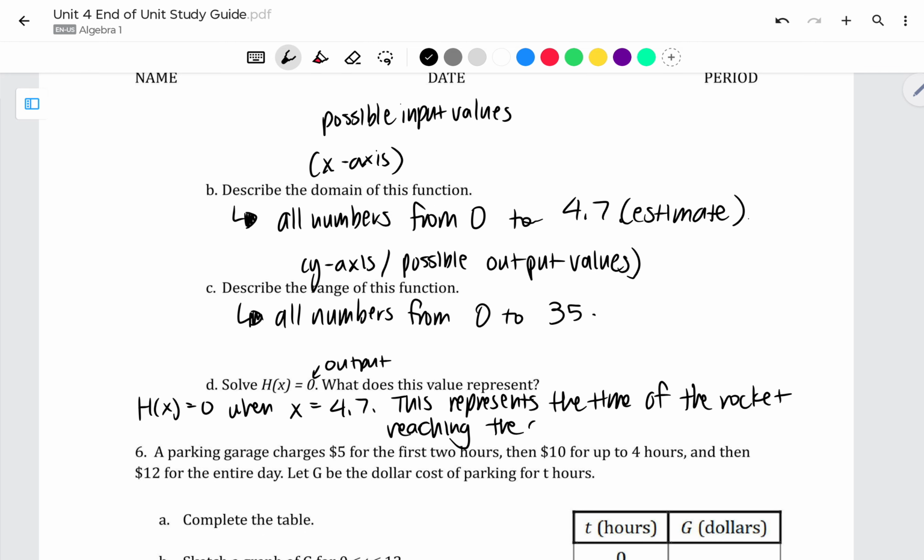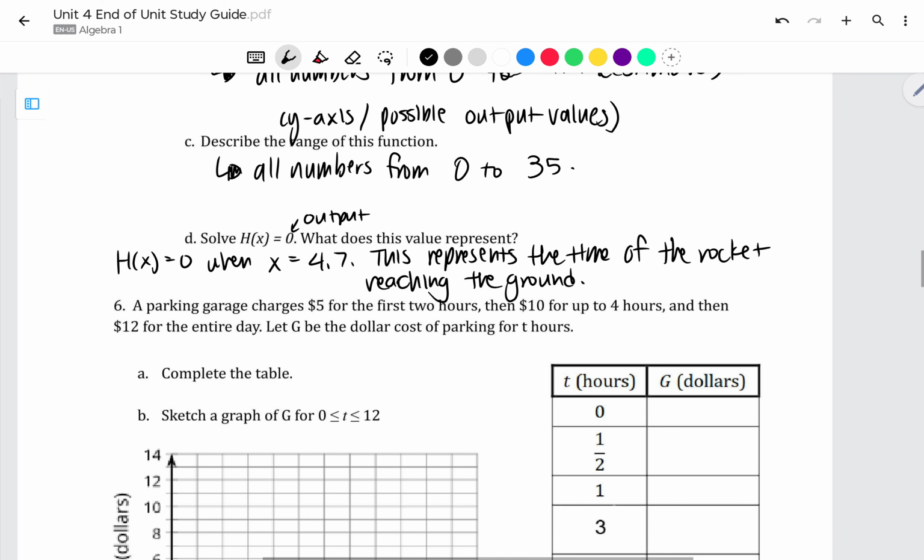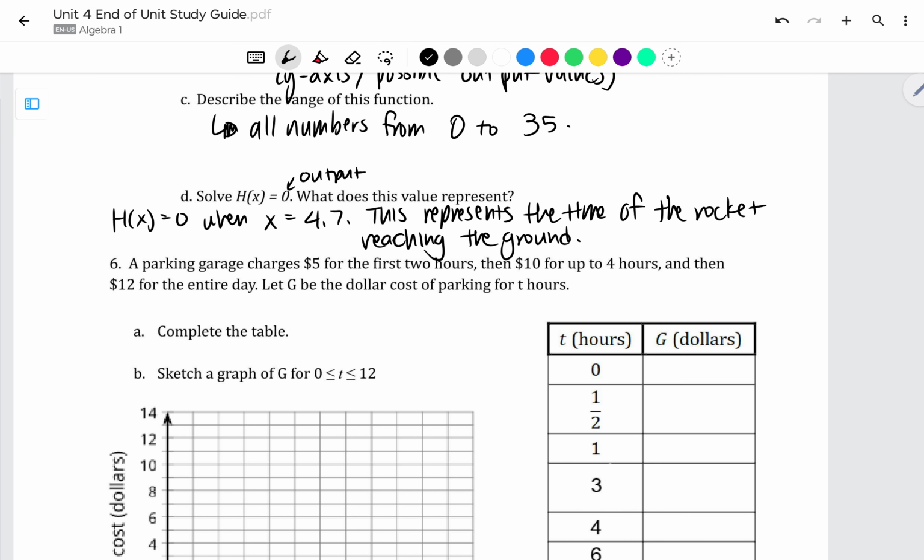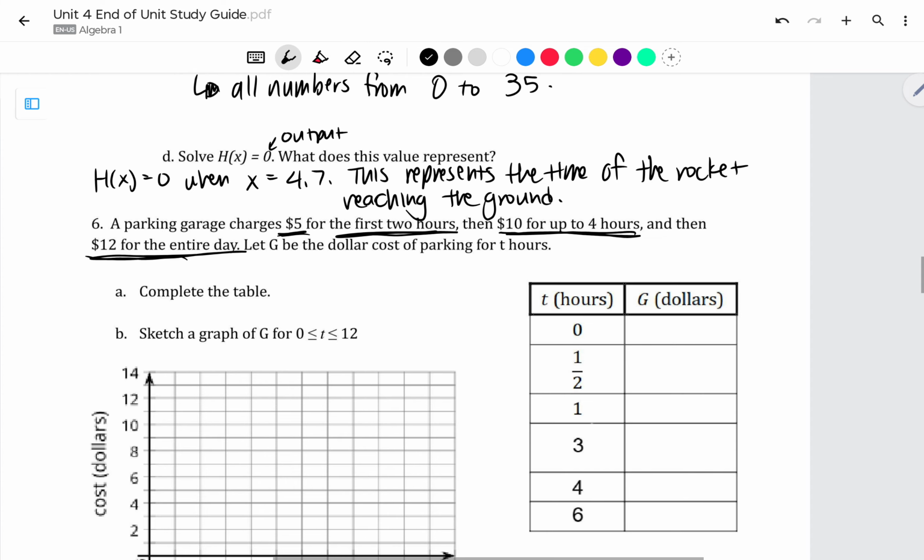A parking garage charges $5 for the first 2 hours, then $10 for up to 4 hours, and then $12 the entire day. Let G be the cost of parking for T hours. Complete the table. At 0 hours, if you didn't park at all, that's $0.